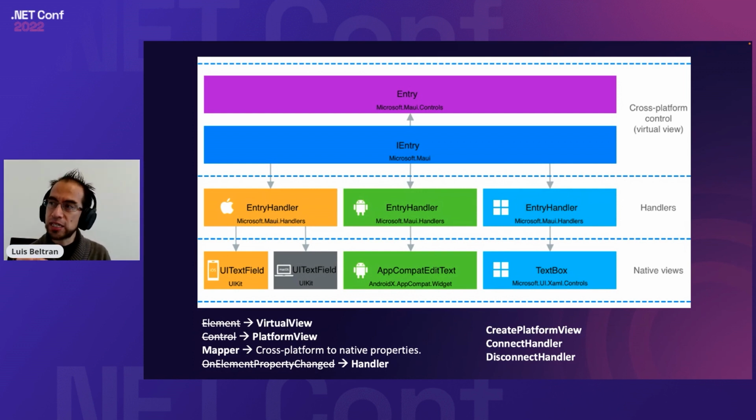Handlers can be customized per platform by using, as I said, conditional compilation to multi-target code based on the platform. However, my personal recommendation is to use partial classes because it allows a better organization of your code and also simplifies the implementation in the platform-specific folders and files.